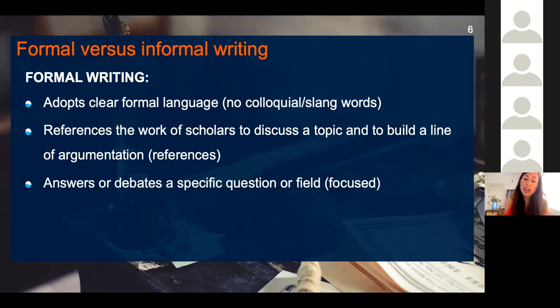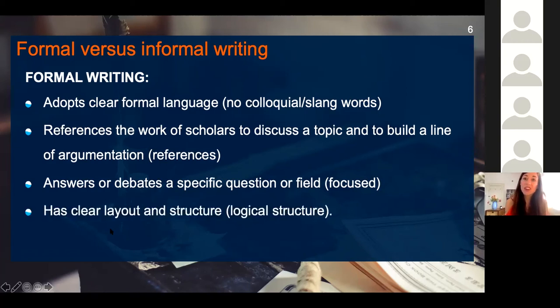You're also answering or debating a specific question or field, so it's a very focused style of writing. You're not writing about a broad topic, you're writing about something very specific in relation to an overall topic. For instance, the topic of marine environmental pollution is really broad, but you might look at a particular aspect of that, like educational approaches to marine environment pollution, or whatever it is, something much more specific.